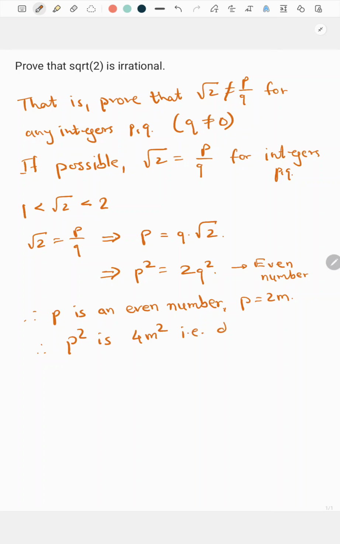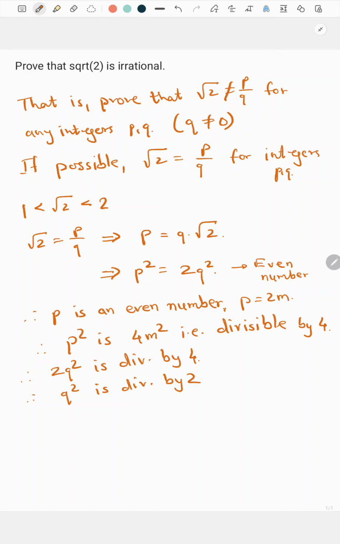That is, it is divisible by 4, because the square of an even number will be divisible by 4. So 2q squared is divisible by 4. Therefore it must mean that q squared is divisible by 2, because you take one 2 out. But if q squared is divisible by 2, that means it is an even number. Then that must mean that q is an even number.